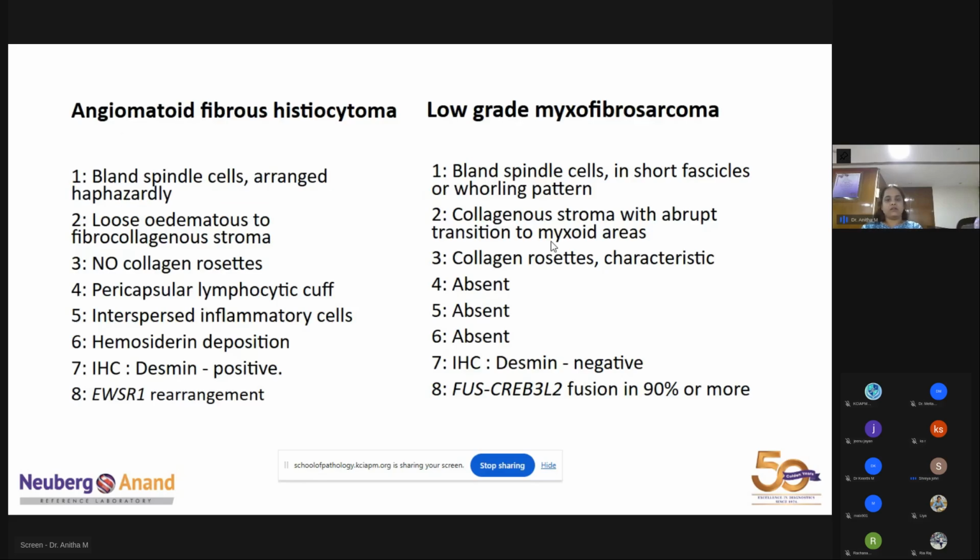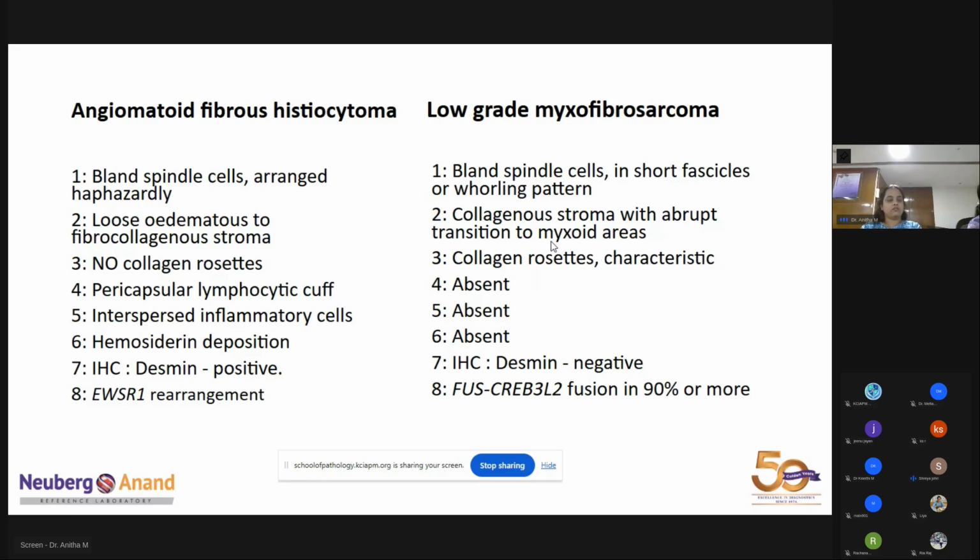So differentiating it from the majority differential, that was low-grade myxofibrosarcoma. In both, there are bland appearing spindle cells, but in angiomatoid fibrous histiocytoma, they are arranged haphazardly. But in myxofibrosarcoma, they are arranged in short fascicles or in whirling pattern. The stroma here is edematous to fibrocollagenous.